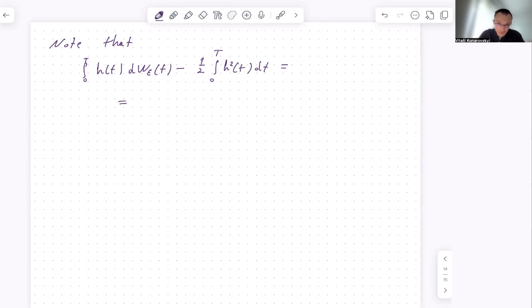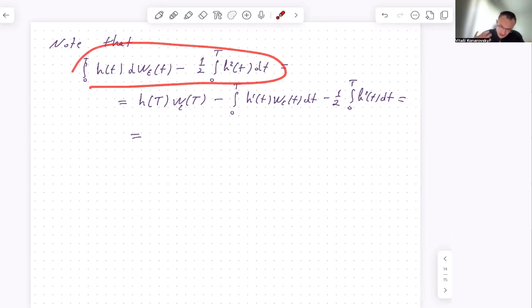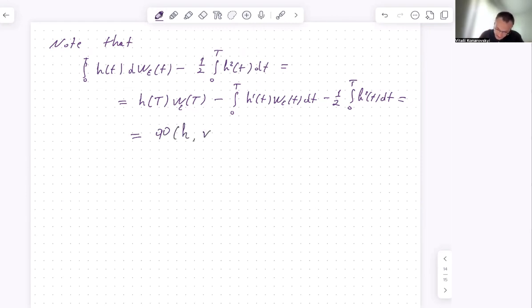You will have h(t) W(t), then you need to write h(0) W(0), but it is 0, so I will omit that, and then minus the integral from 0 to t of h prime of t W^epsilon(t) dt, and then minus 1 over 2 times the integral from 0 to t of h squared of t dt. This form of writing is more convenient for us because you can see that actually this is a function of the function h and the function W epsilon. Moreover, it is a continuous function of h, as it is a continuous function of W epsilon, because you don't need to integrate with respect to W anymore. Your W is inside the integral.